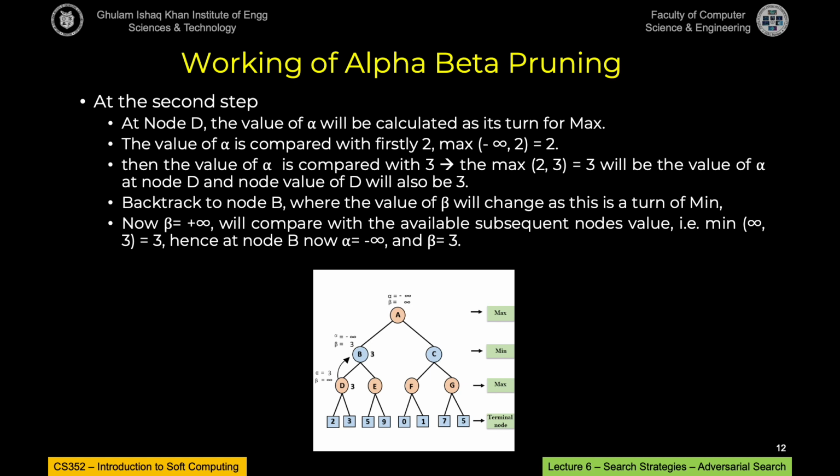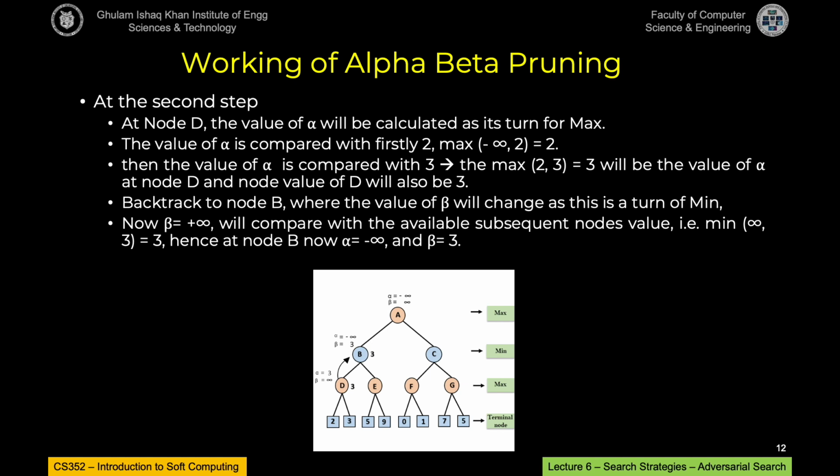So the value of alpha, which is currently minus infinity, will be compared with firstly 2. Which is the higher value between 2 and minus infinity? The answer is of course 2. So max is going to select 2 initially. Then it will look at the next node, which has the value of 3.